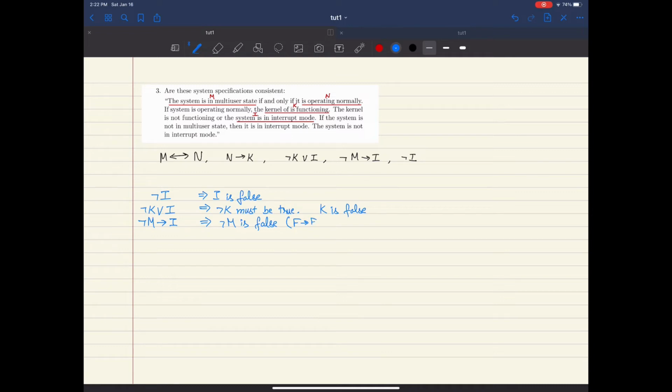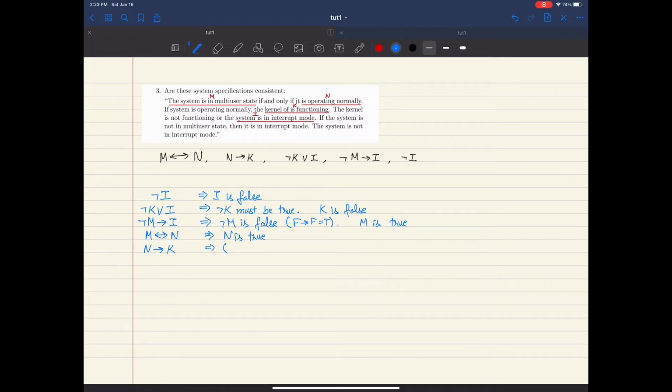Since not M is false, M has to be true. And the next statement which we use would be M biconditional N. That is, M is true if and only if N is true. And since we know M is true, that means N is true as well.